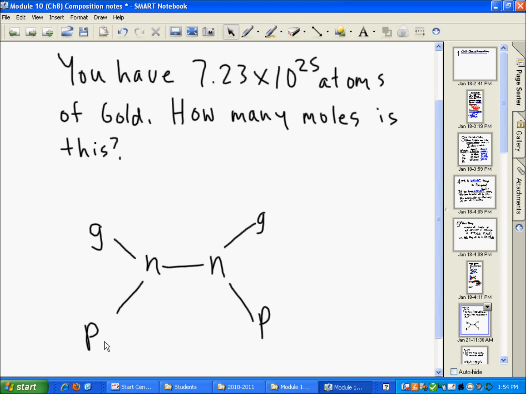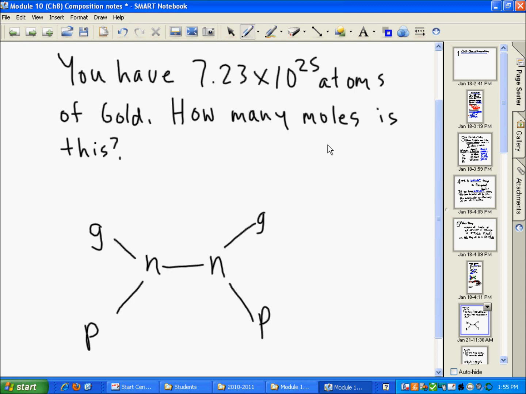So we look at what information has been given in the problem. What substances are involved in this problem? We have 7.23 times 10 to 25 atoms. That is going to go with our particles, right? But what substance are we dealing with first?